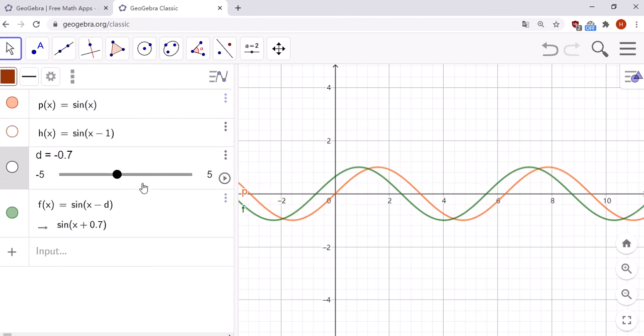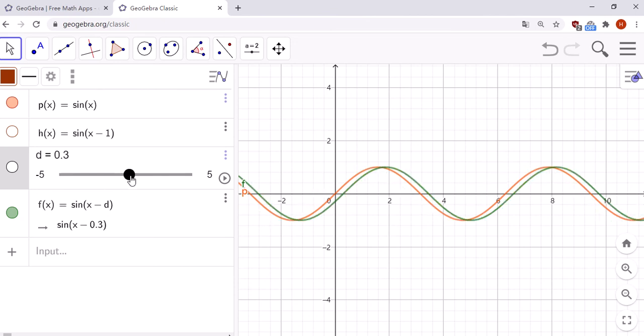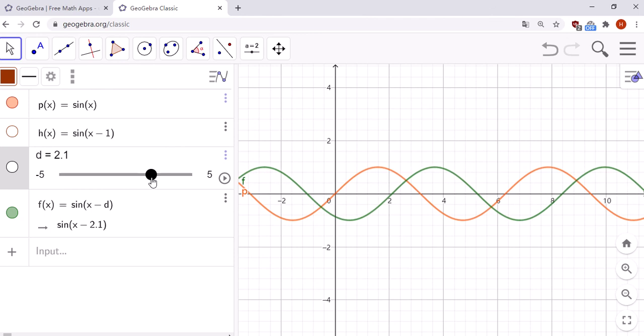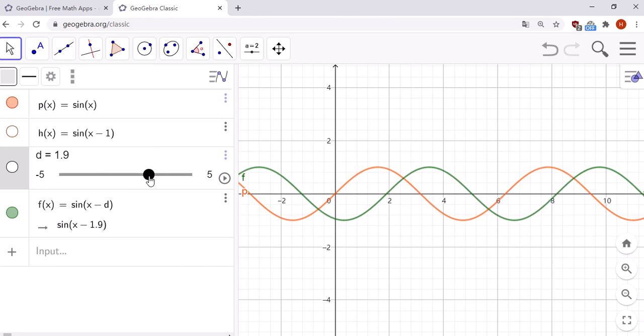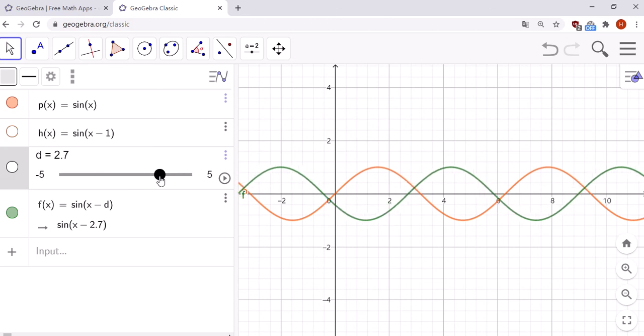When d is negative 0.7, it moves left 0.7 unit. When d is 2.1, that means it moves right. Right now it is 2.7. Let's change d.